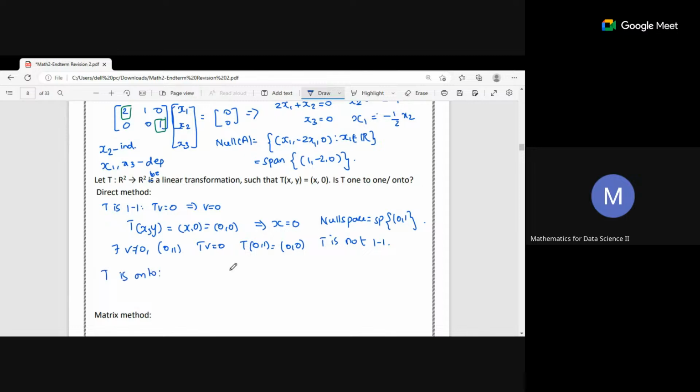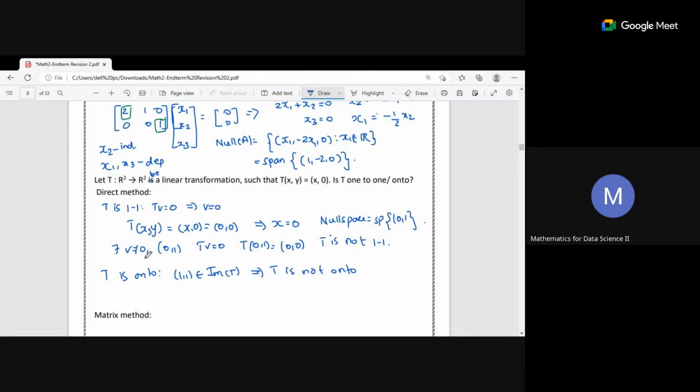You just have to show that there is an element in R2 which is not in the range. What element can you choose? Ma'am, you can choose (1, 1). (1, 1) is not in the image of T, so T is not onto.